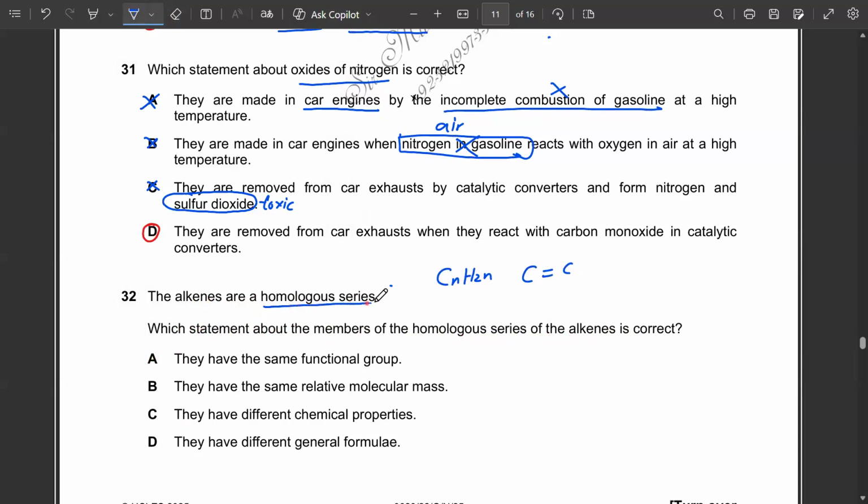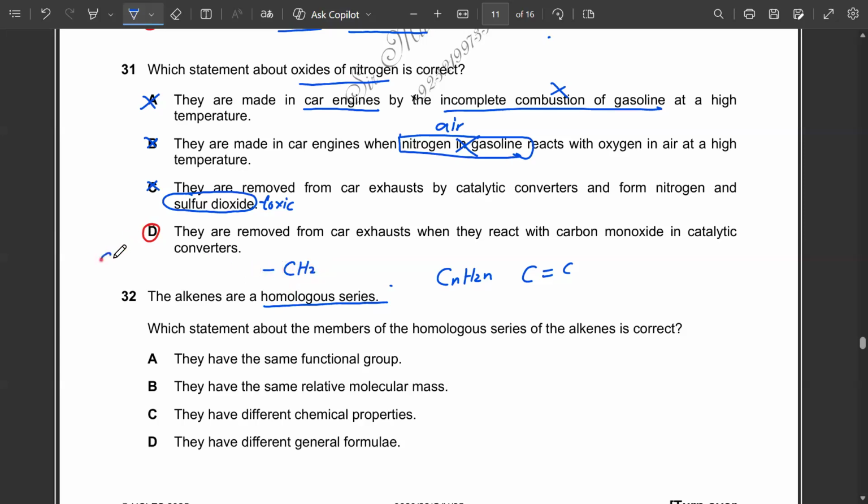Now the homologous series are those which have the same functional group and there is a difference of CH2 between them. Any two members of the same functional group having a difference of CH2 are called a homologous series.